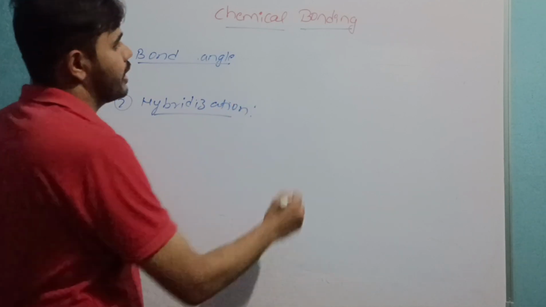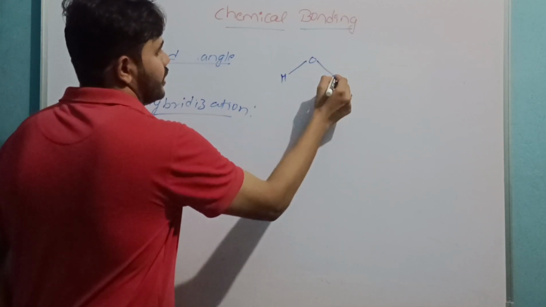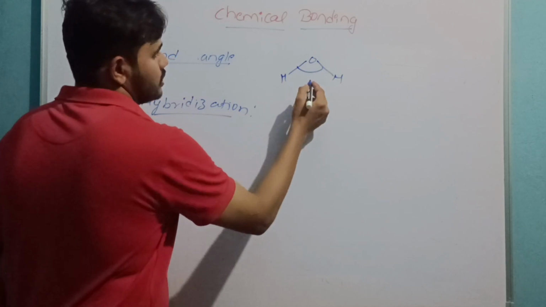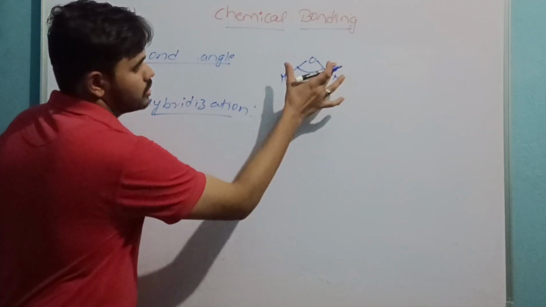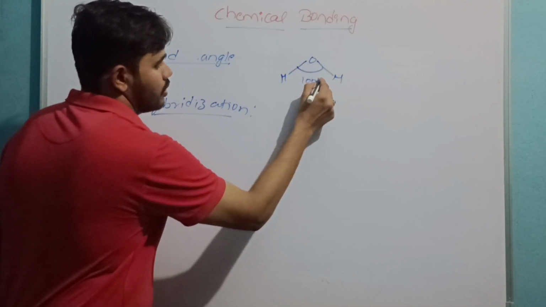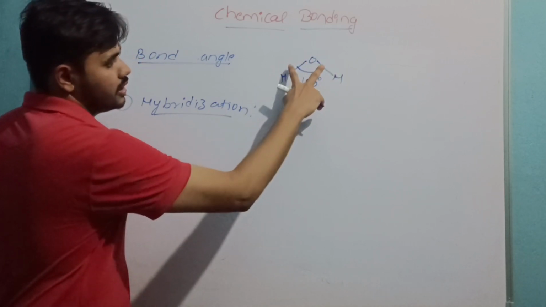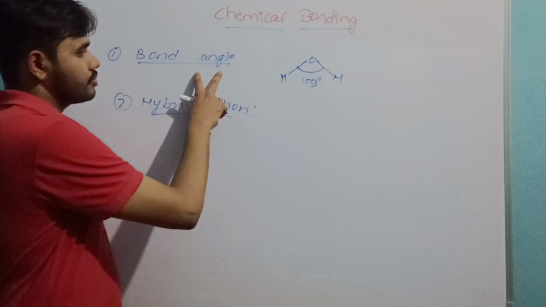Bond angle means the angle present between two adjacent bonds. For example, in a water molecule the bond angle is 105 degrees.